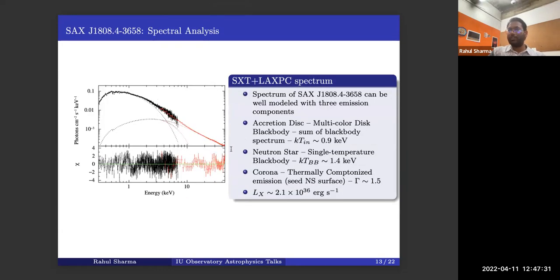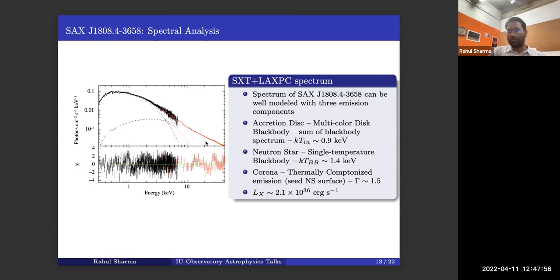We created spectra from the SXT detector and the LAXPC detector, and we simultaneously modeled both spectra. The black one is the SXT spectrum, and the red one is the LAXPC spectrum. LAXPC does not have very good spectral resolution, so we can't resolve the iron emission line in this spectrum.